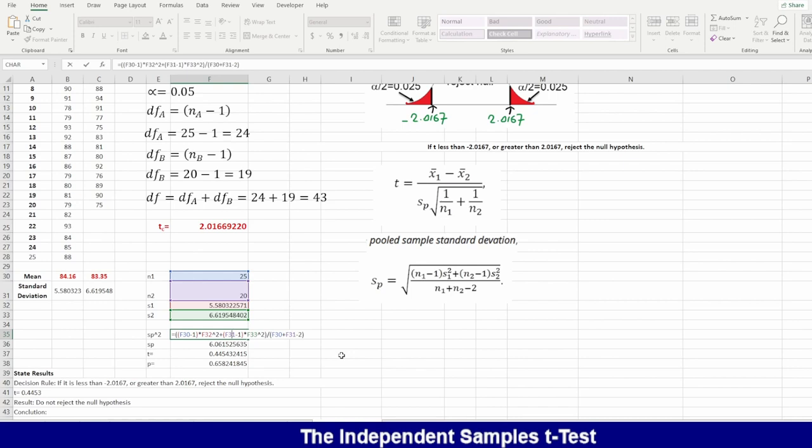Don't forget, if you make any mistake with the parentheses, you will get a wrong result. Now the value here is 36.74.